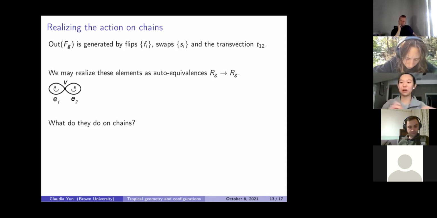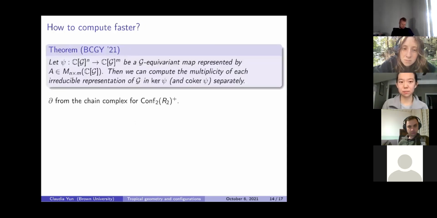And because we already have a chain complex from before, now we can just take a set of generators of Out of G and realize those elements by continuous maps from RG back to itself. And that gives us an action of a configuration to another configuration. And so that's how we obtain the Out of G action on our chains.